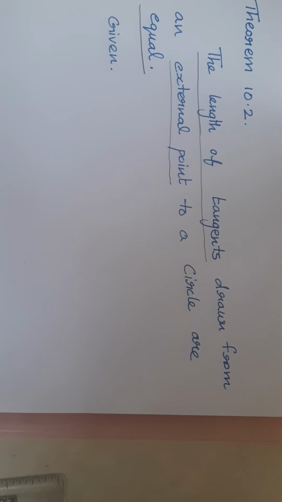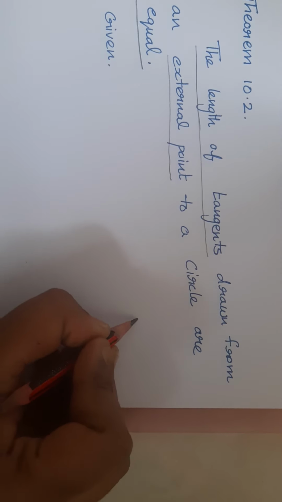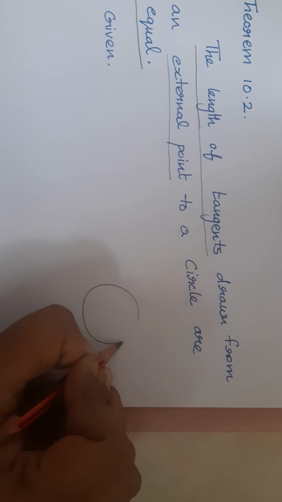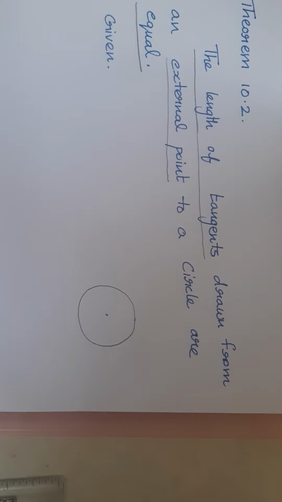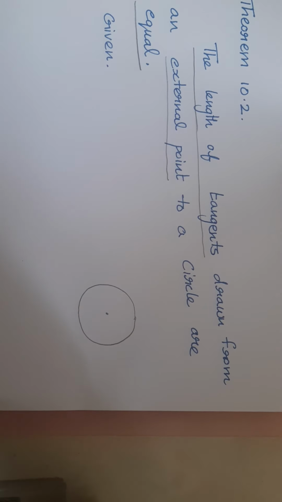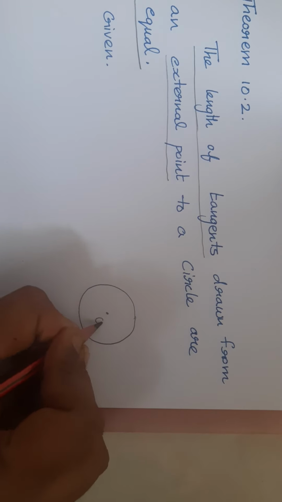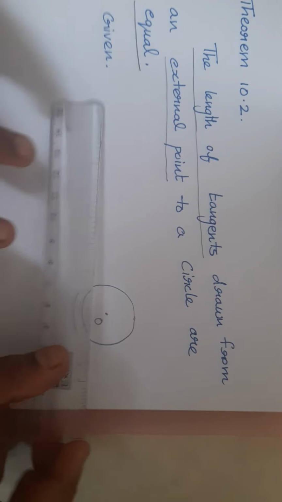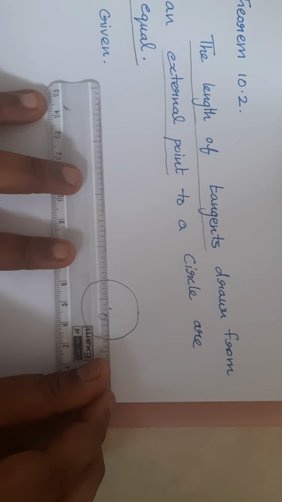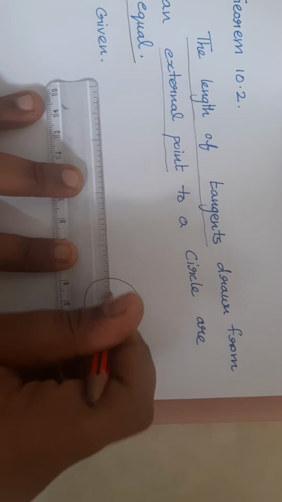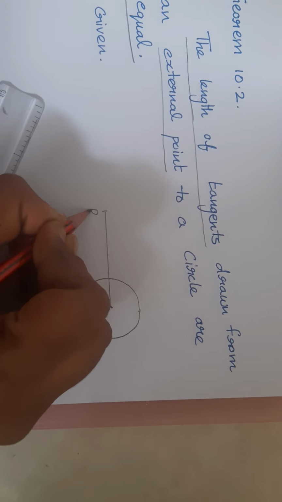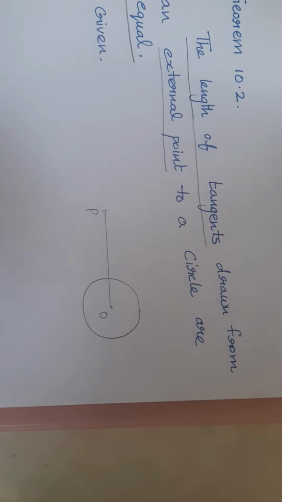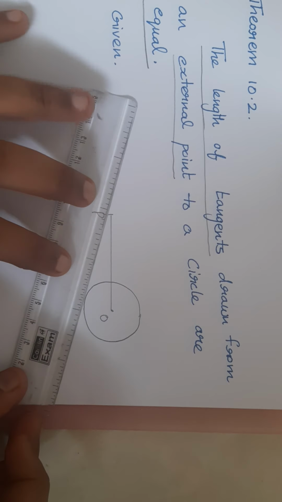This is one circle, and this is the center, O. From outside the circle you have to take one external point, P. From this external point you have to draw two tangents.